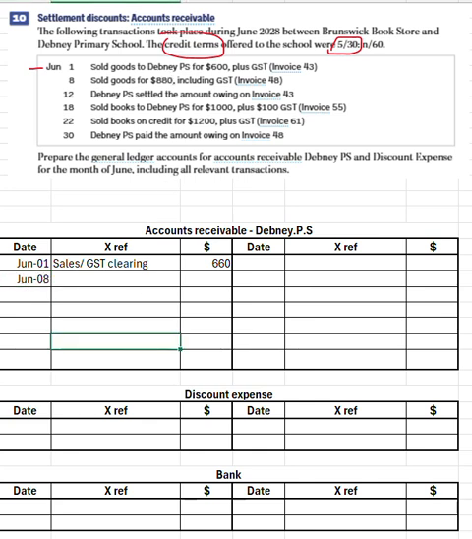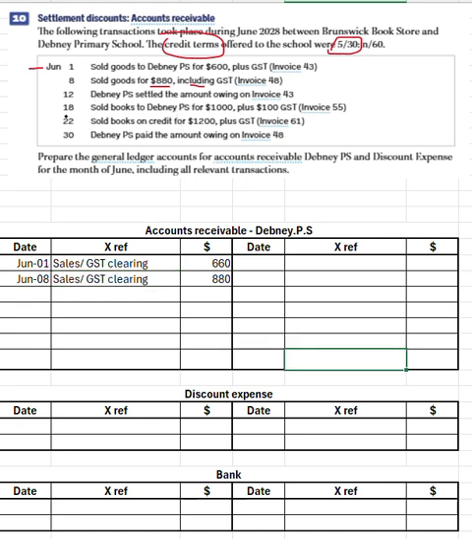We've got an $880 sale. This time it says including the GST. So therefore, that's another debit to our account receivable for $880, sale / GST.